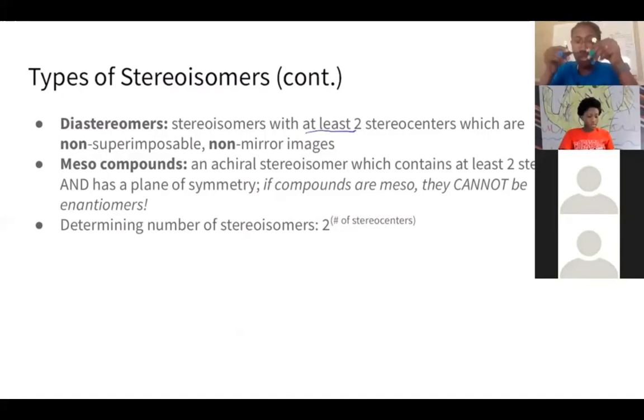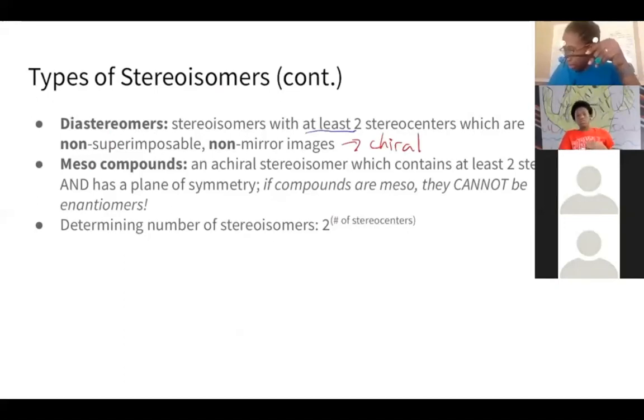So we have 2 stereocenters, which are the central carbons I'm pointing to. Molecules with at least 2 stereocenters, which are non-superimposable, non-mirror images, are diastereomers. I'm also going to note that diastereomers are chiral. We'll talk a little more about classification of diastereomers later on.